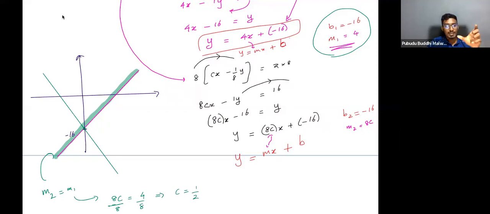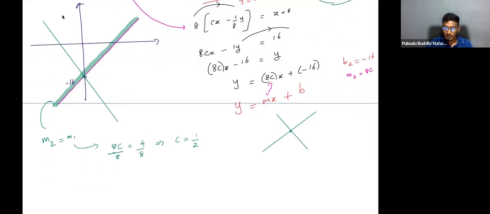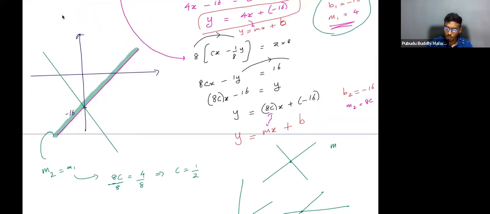But for the one solution case, slopes should not be equal like this, right? So there are so many values for that because you can draw so many situations with different slopes like this, like this. So for such cases, M1 should not equal M2. So therefore, exactly one solution if this happens.